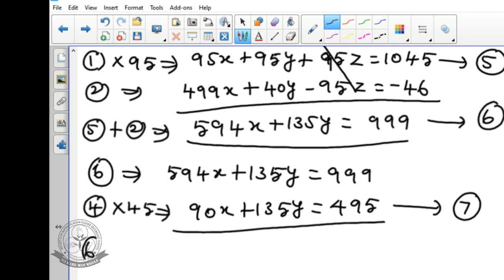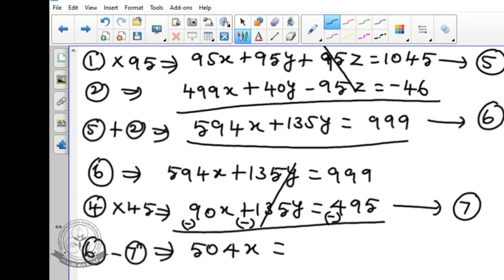So equation 6 minus 7. Equation 6 minus 7 means we have to change the symbols, minus here also, minus here also. So the y will be cancelled. 594x minus 90x means we are getting 504x.